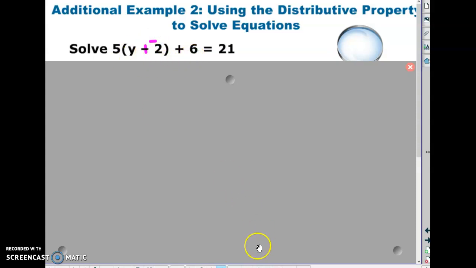Now I have the distributive property right here. I need to simplify this. So I'm going to first take 5 times y, which would be 5y, plus 5 times negative 2, which would give me a negative 10.